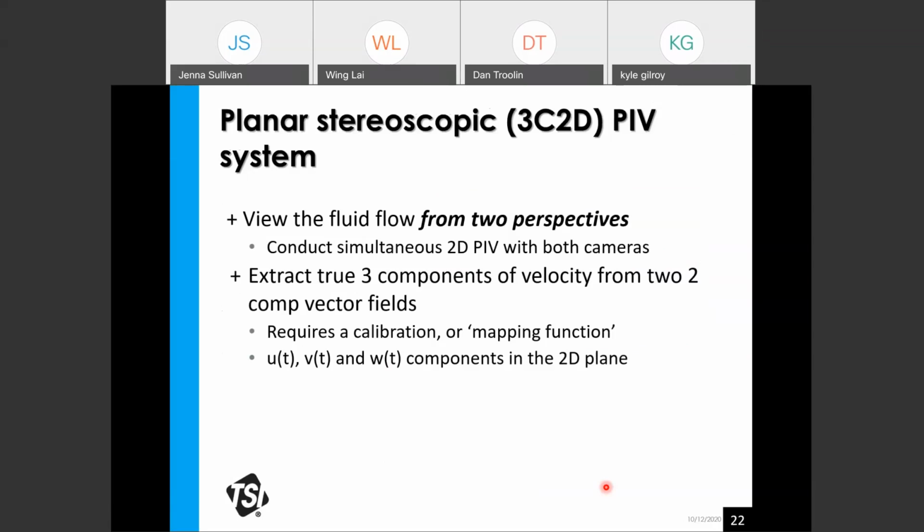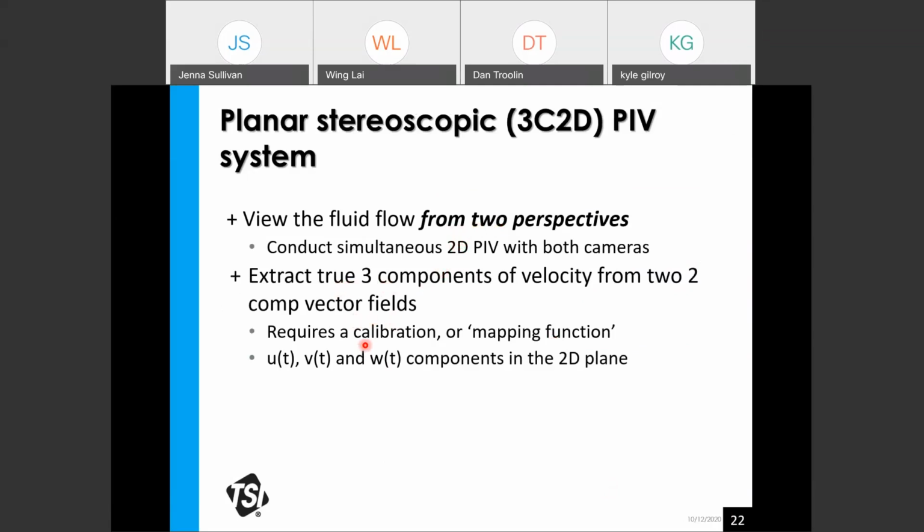So if we use an additional camera and arrange the cameras from 2 perspectives, we are able to actually get the motion in and out of the laser light sheet. So effectively, we'll be able to extract the 3-component velocities based on the 2-component vector fields captured by the 2 cameras.